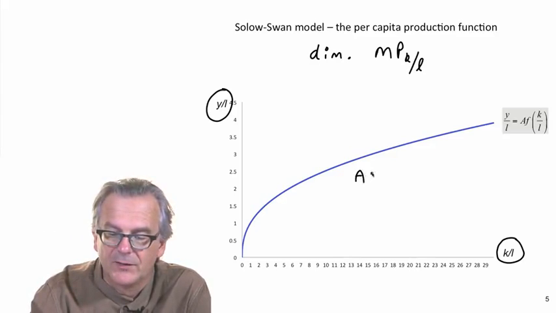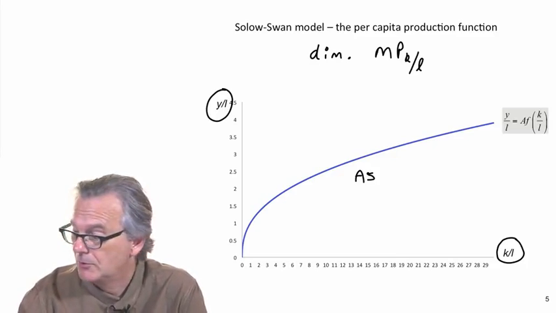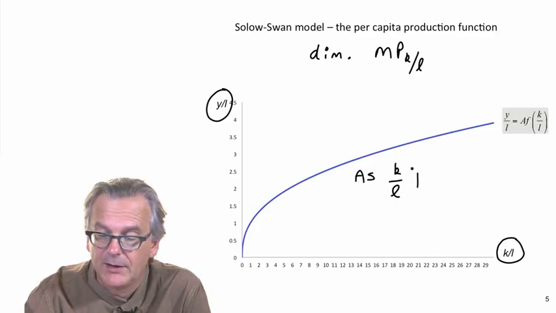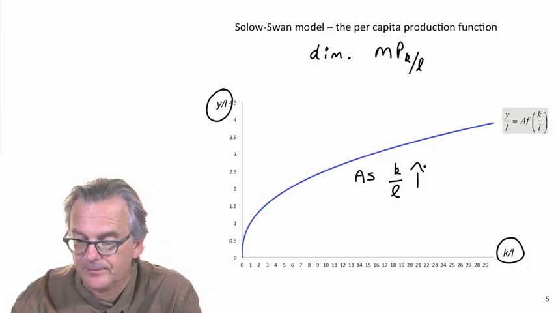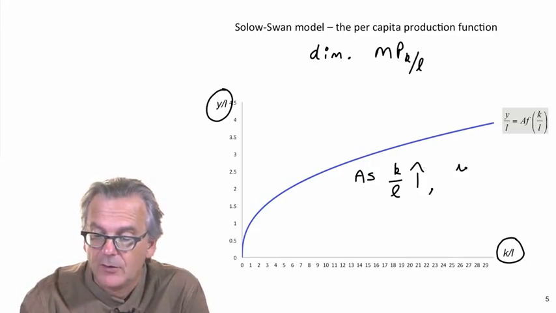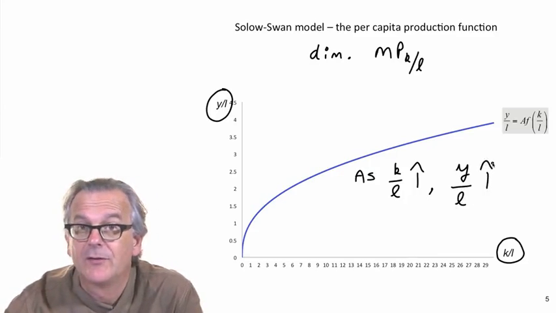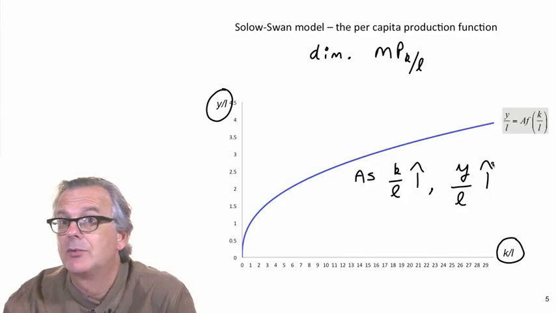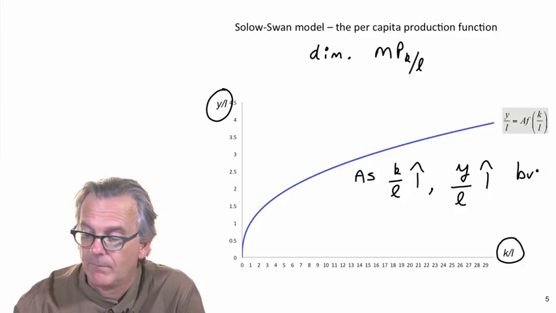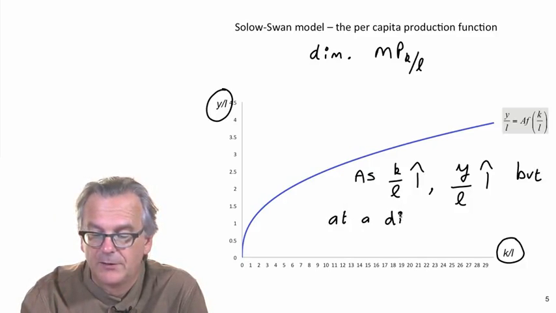And remember, and this is going to be absolutely key to understanding the logic of the Solow-Swan model, as the ratio of capital to labour increases, as there is more capital available per worker, the result will be an improvement in average productivity, an increase in the amount of output per person, an increase in per capita income, but that this occurs at a diminishing rate.